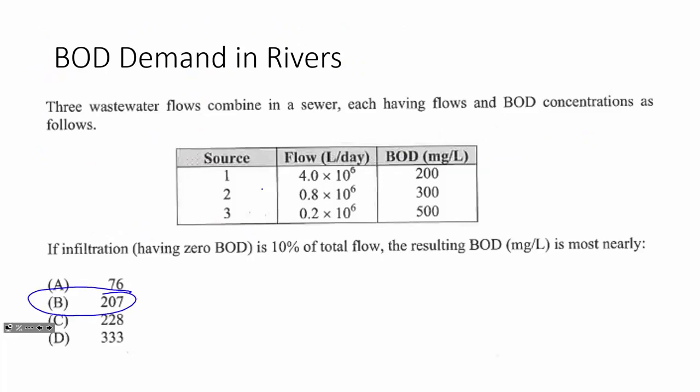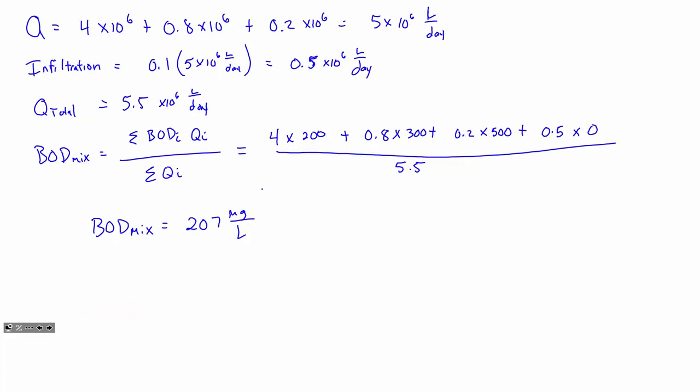So our answer there is going to be C, or B, sorry. What if we took, instead of dividing by 5.5, what if we divided by 5? So has anybody got a calculator there that they can calculate that? Multiply it by 5.5 and then divide by 5. 228.